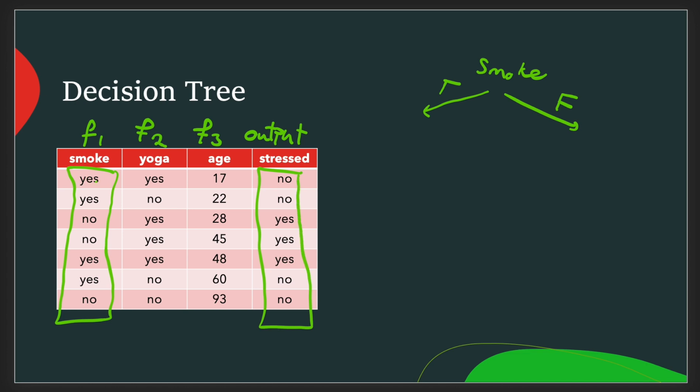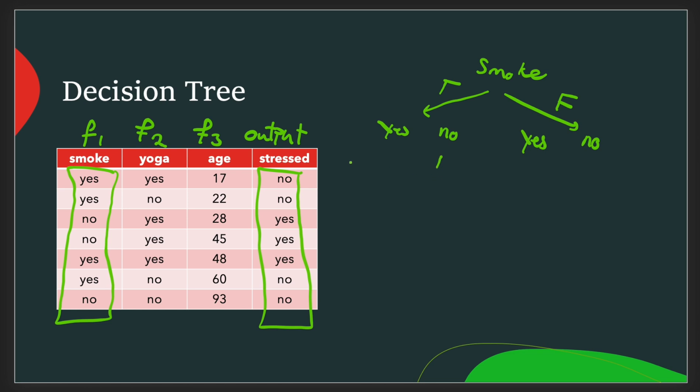So, let's say here I'm saying yes, no, yes, no. Okay. So this person smokes, so the condition is true, but they're not stressed. So I'm just going to go like, they smoke, but they're not stressed.